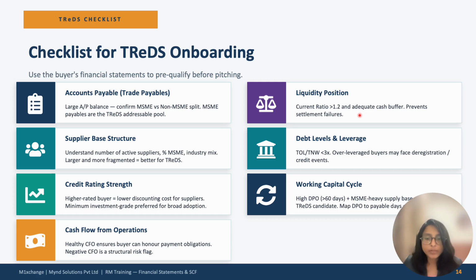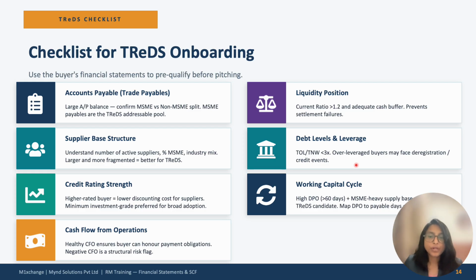Next we come to the liquidity position. If the company's current ratio is more than 1.2x, we say that there's an adequate cash buffer. Okay, it might prevent settlement failures. Next is your leverage ratios, the kind of debt levels the company has. Say your debt to equity is not more than 2x, which is generally preferable.